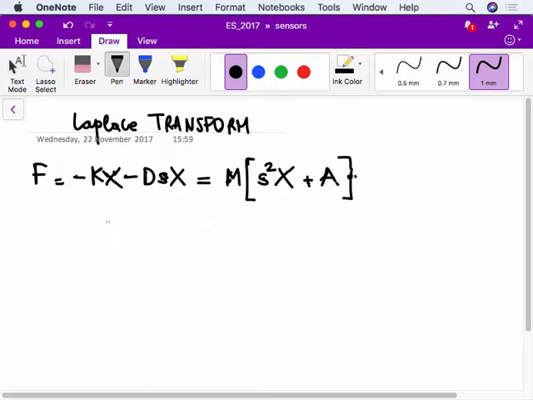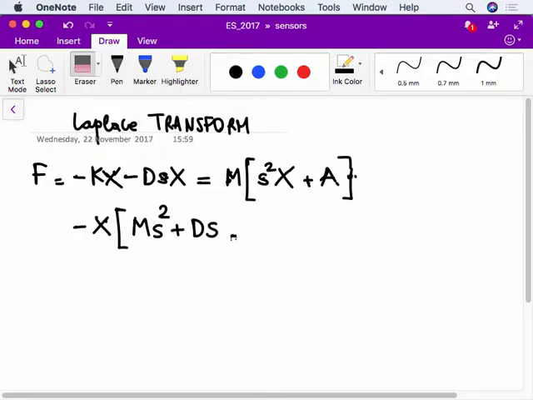Okay, then I can bring all the terms with X on one side, and I have minus X times (m s squared plus d s plus k) is equal to m times a.